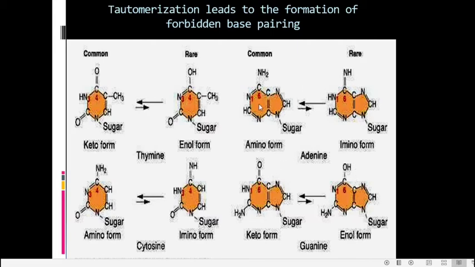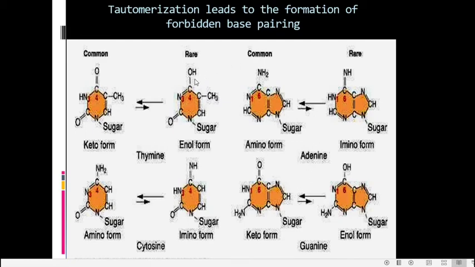Now, we go to what happens to adenine and cytosine. Adenine exists in amino form. When it undergoes tautomerization, it will get converted to the imino form. Here you can see the amino form has been changed to the imino form. Similar change occurs in cytosine also, that is cytosine, which is an amino form, gets converted to the imino form.